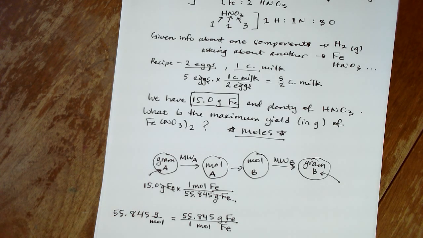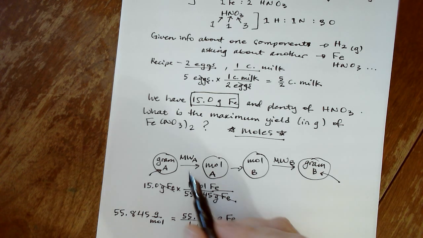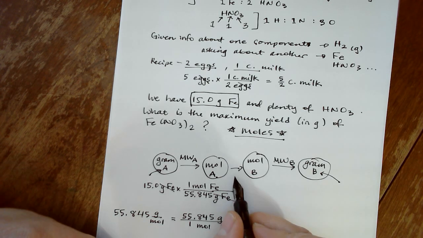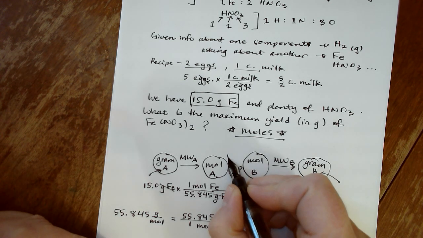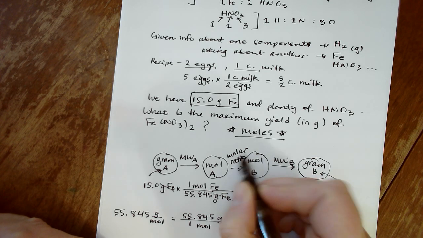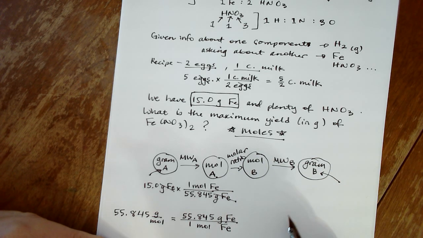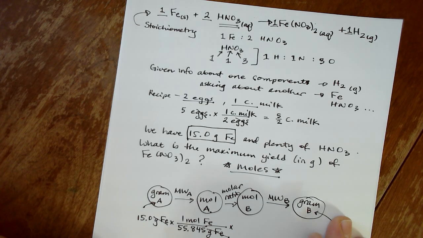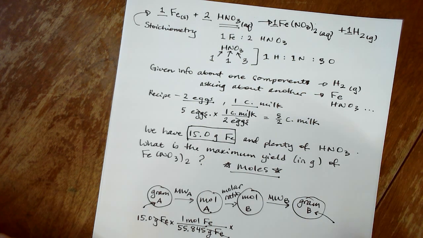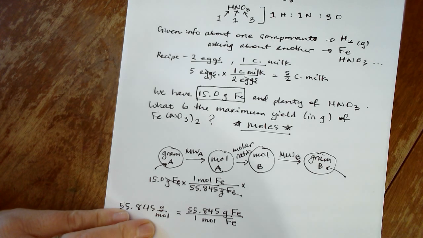Great. Okay, so I've got this all set up here, and this step now will get me to moles of A, so I'm at this step here. And now I'm going to look at my mole to mole ratio, so that's my way of converting between moles of A and moles of B. So from my periodic table back up here, I can see that I have a 1-to-1 relationship with iron and iron nitrate.